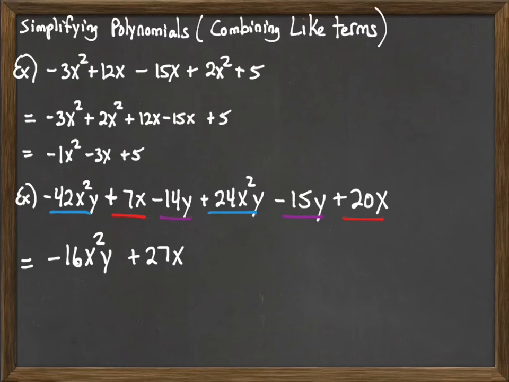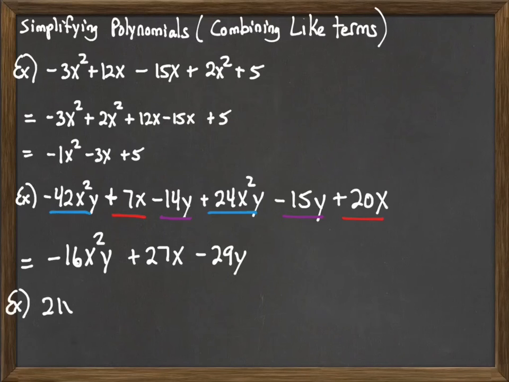And then I'm going to put my y's together. I have a minus 14 and a minus 15. Minus 14 plus minus 15 would be minus 29y. And that's all the further we go, because we can't go any further. Nothing left is a like term. They don't have the exact same variable parts, so we are not able to put them together.